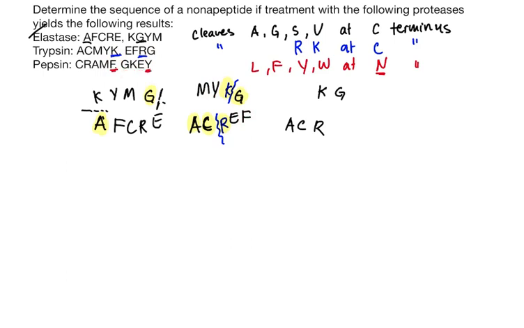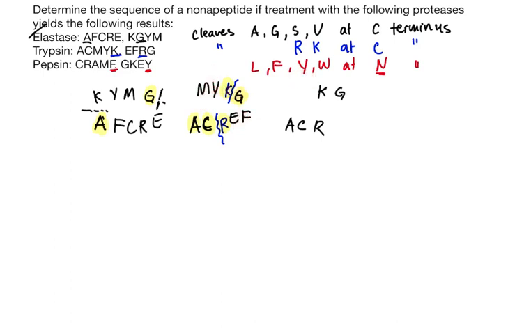So GKEY, this is the cleavage of Y, right? Because this is cleaved by pepsin at the N terminus. So I need to cleave it off somewhere here. You have Y, you have K, you have G, and then you have E. So this would mean that E and F should be interchanged, right?